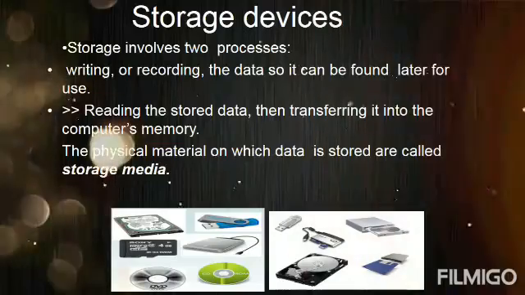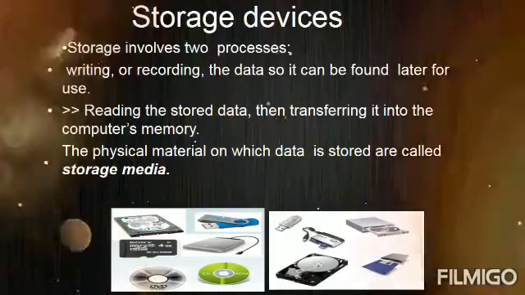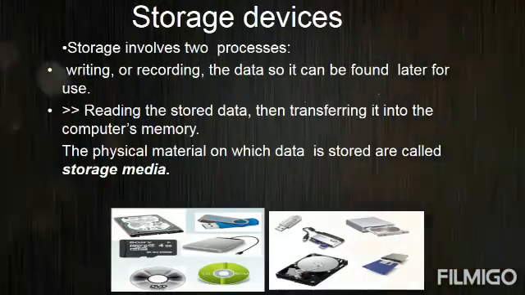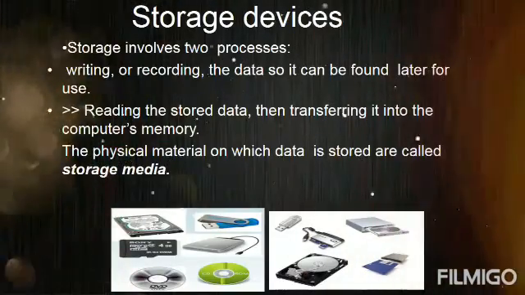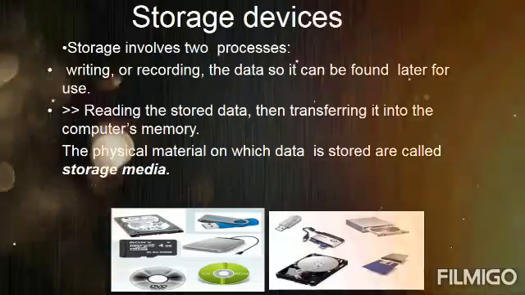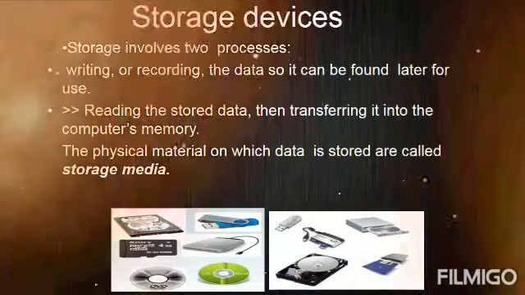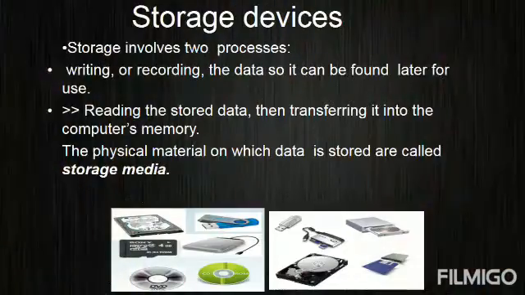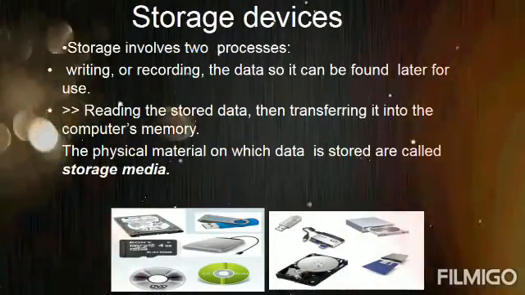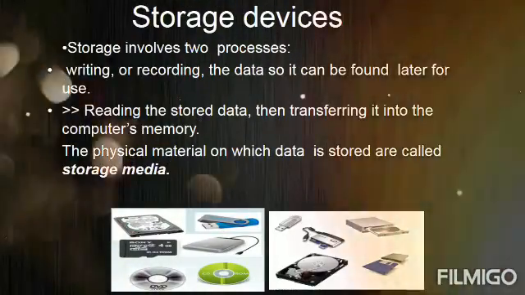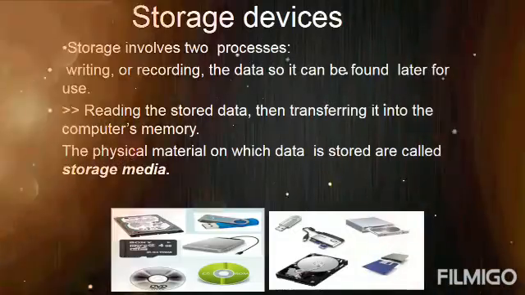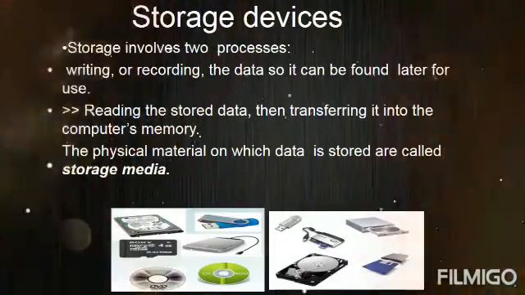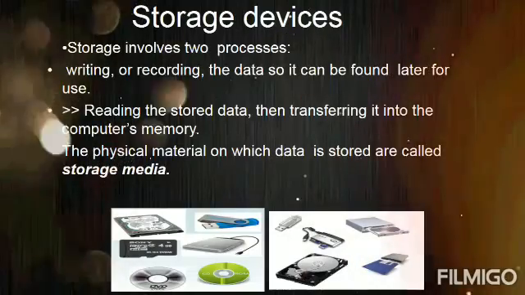The physical material on which data is stored is called storage media, and the devices are used to store the data permanently. Here you can see different devices, like the magnetic storage devices. In magnetic storage devices we have examples like disk drives, tape drives, floppy disks, magnetic tape, and others that store data magnetically.